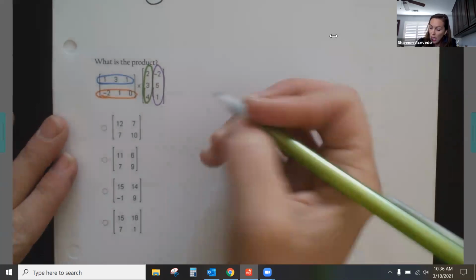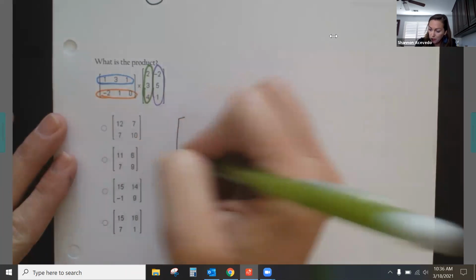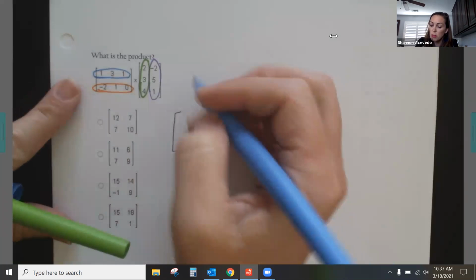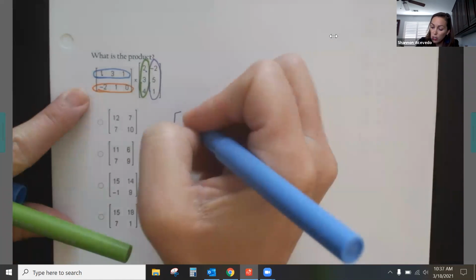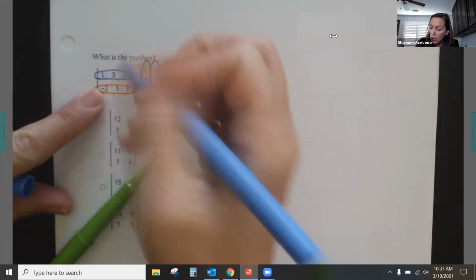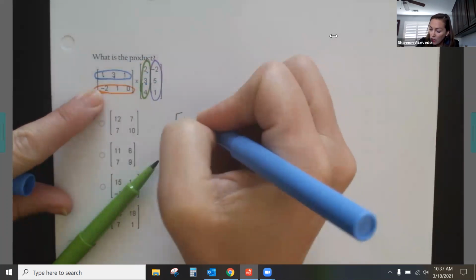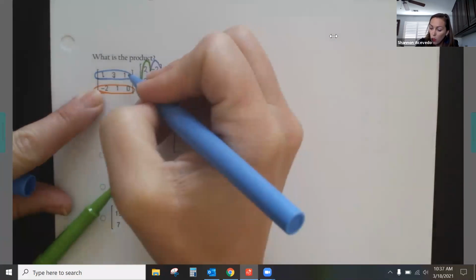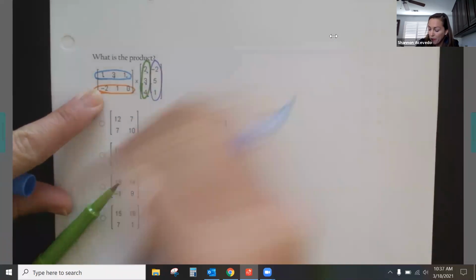So let's go ahead and look at this. I'm going to have my first row, first column, which is going to be 1 times my 2, plus 3 times my 3, plus 1 times my 4.